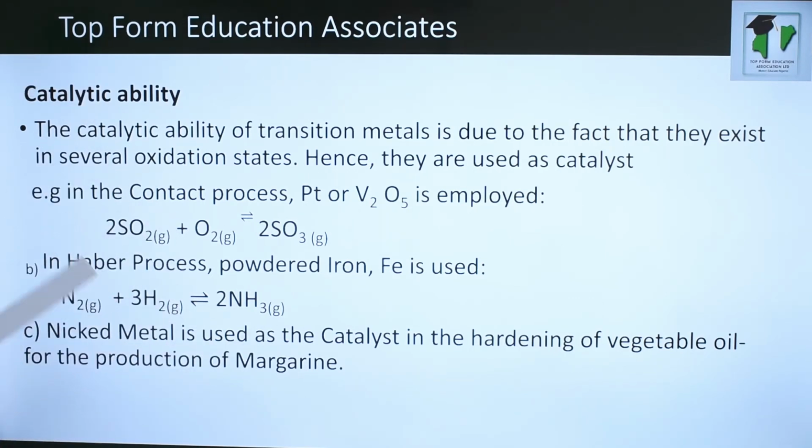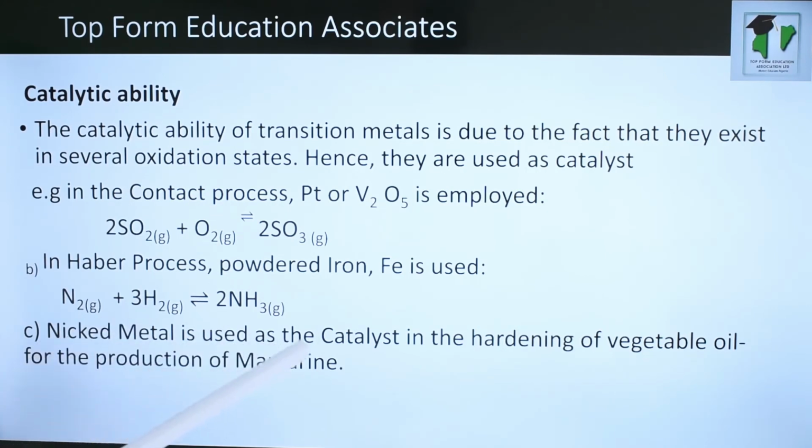For instance, iron: we have iron 2, as mentioned earlier on, and iron 3. We have vanadium 5 oxide, and we have vanadium 3 oxide. So we can see that a transition metal can have 2 or more oxidation states. Because they have variable oxidation states, more than one oxidation state, that enables it to be used as catalyst.